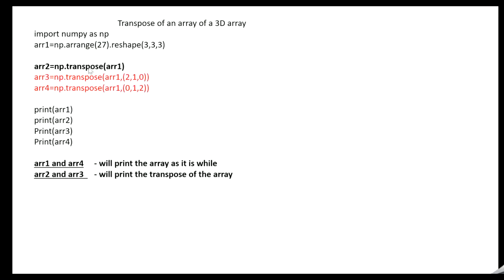If we give 0, 1, 2 as the axes, we get the original array itself. If it is reversed, that is 2, 1, 0, then we get the transpose of the array.